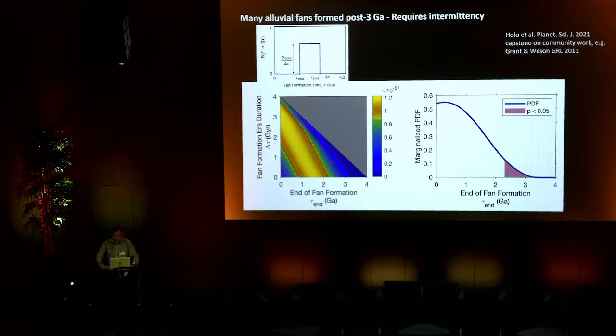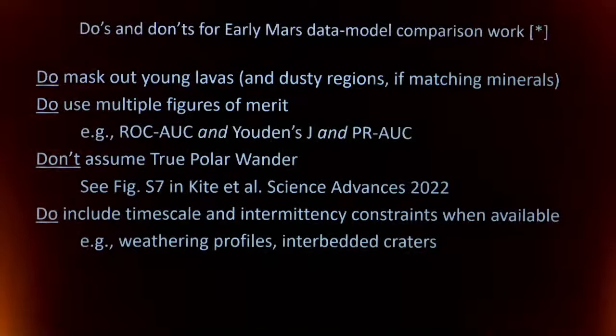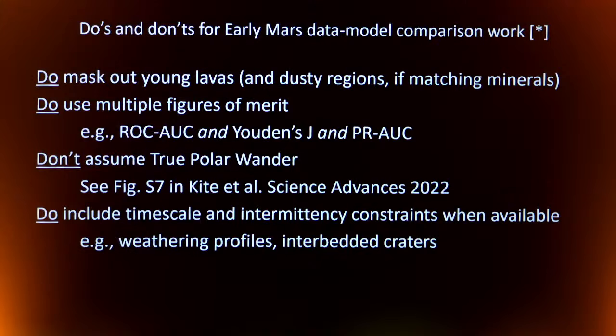So I can't resist for this specialist audience the chance to make a few suggestions for future data model comparison studies. One is, it's important to mask out young terrains, otherwise you'll get the wrong answer. It's a very good idea to use multiple figures of merit when comparing the data to the models. So these are just some possibilities, but the point is to use more than one.